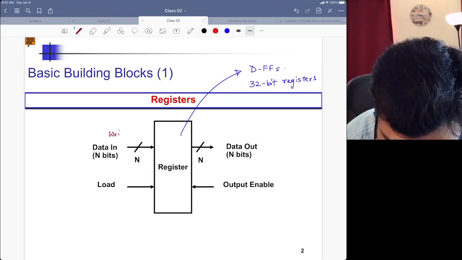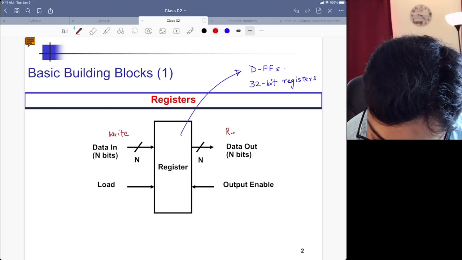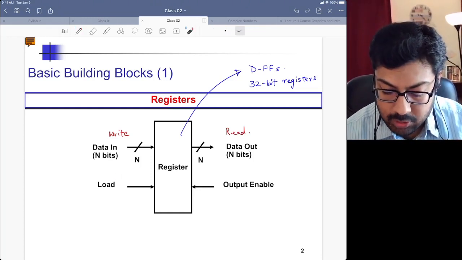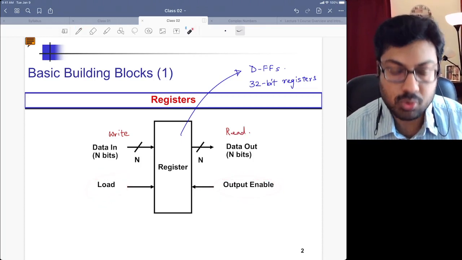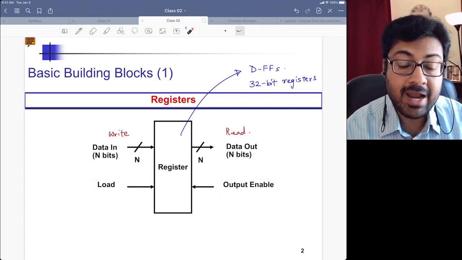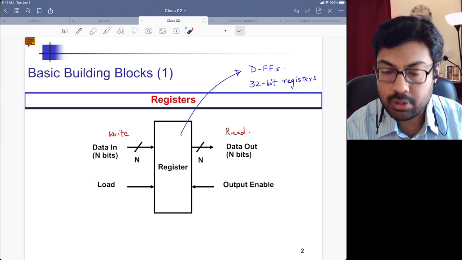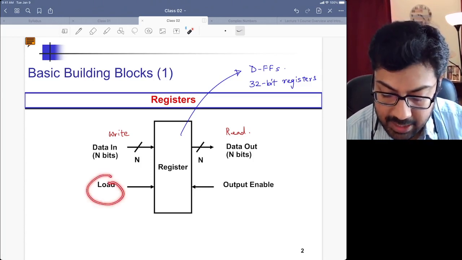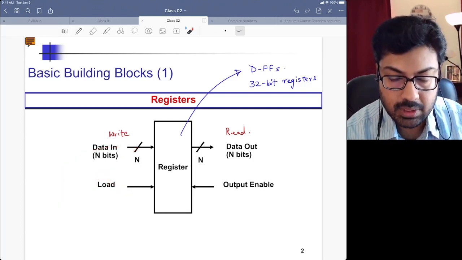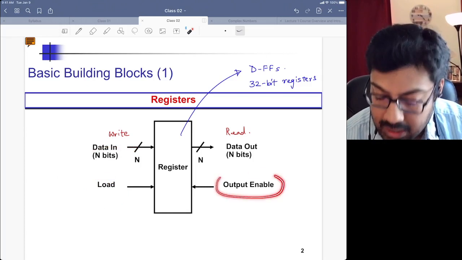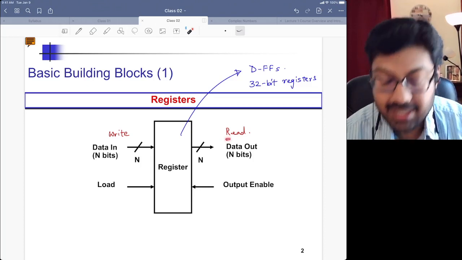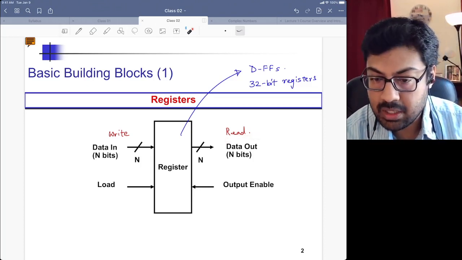This is your write and this is your read. But in order for you to read and write, you need to be able to use these controls appropriately. So for example, there is a load. When do you use a load input? Well, there is a control input that can be used to write data into the register. And then output enable is a control signal that you can use to read data from the register.